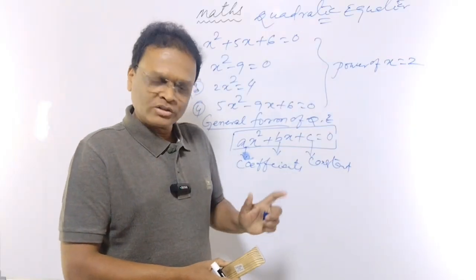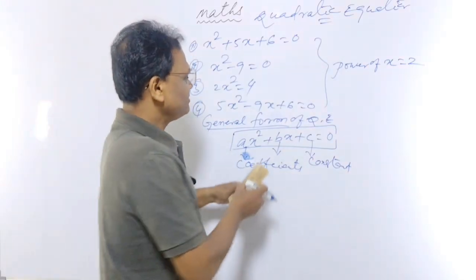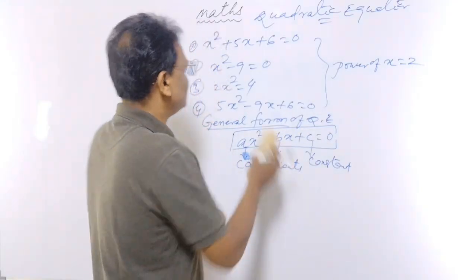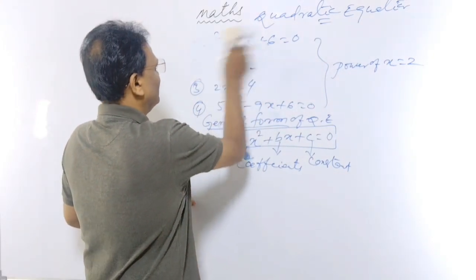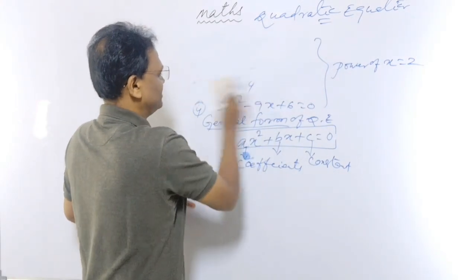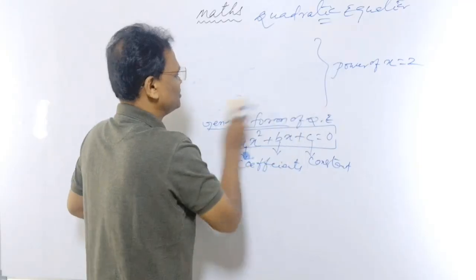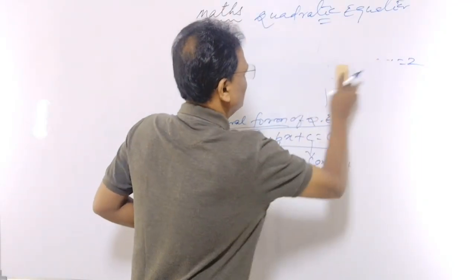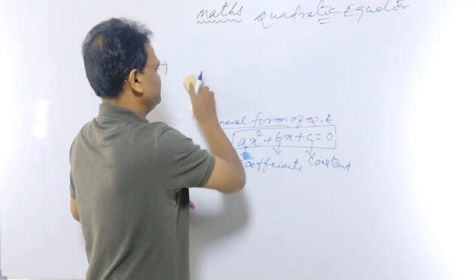C is the constant. Next, we are going to discuss how to find the values. I am giving some questions, and you have to find the values of a, b and c.